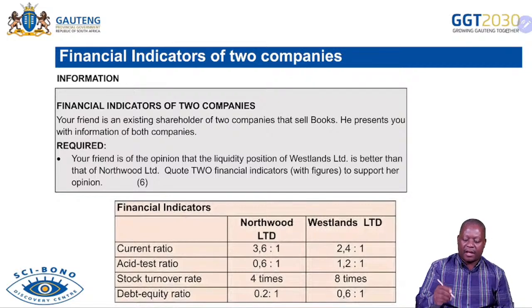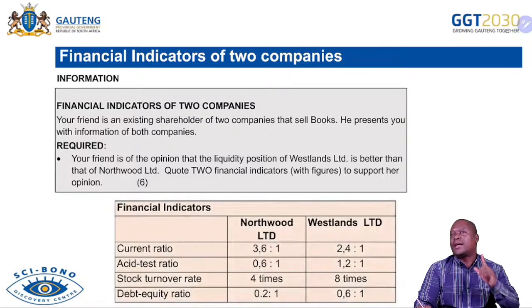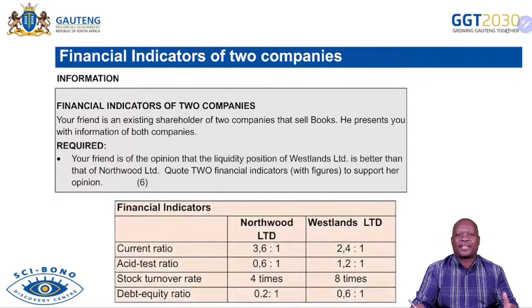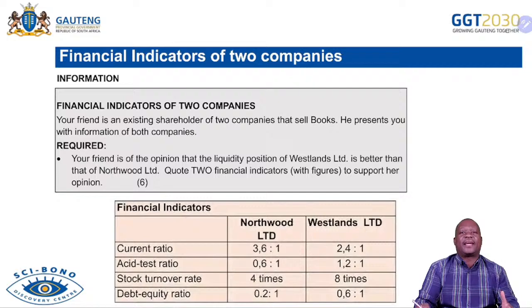There we are, Northwood Limited, Westland Limited. These are their financial indicators. Now, the first thing that should come to your mind is, do you remember the liquidity indicators? Because in this question, you can see we only gave you 4 indicators, but you are going to get into the exam where you are given 15 or 20 indicators.